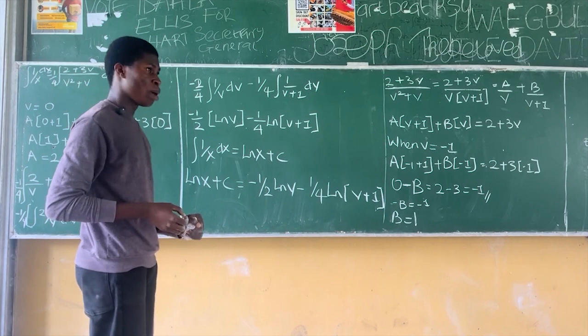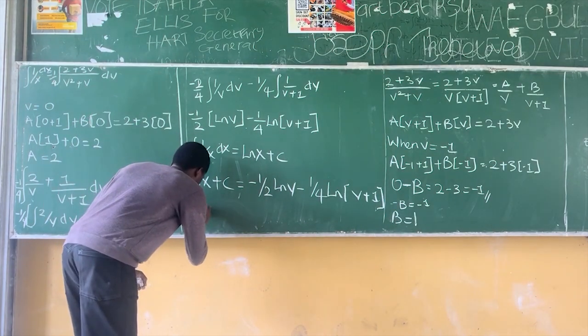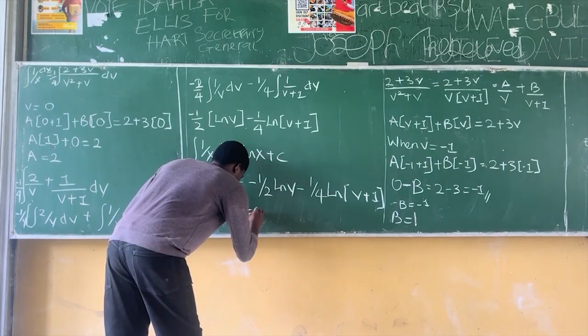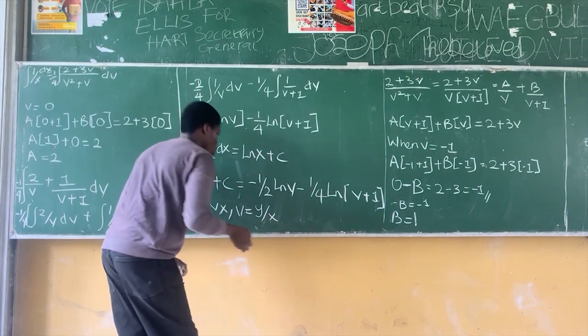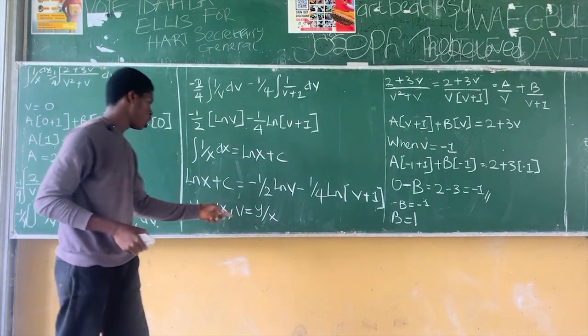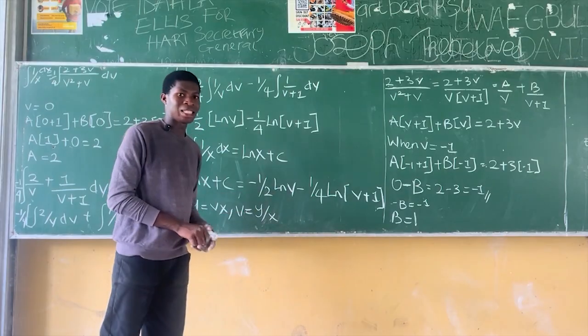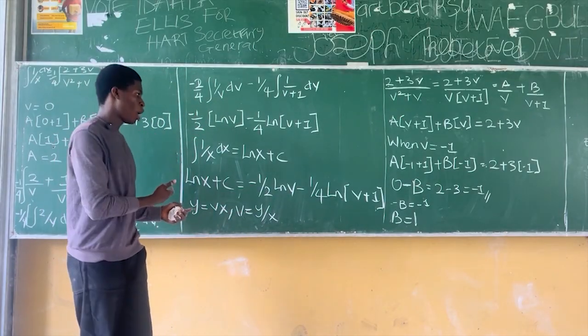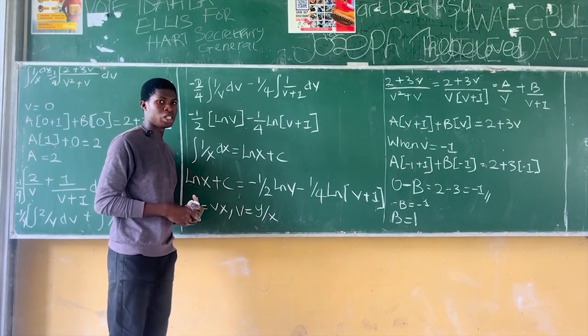We can also remember that y is equal to vx and v is equal to y over x. So you can substitute v is equal to y over x and break it further down to get a more simplified version. But this is where we are going to stop due to the complexity of this equation.